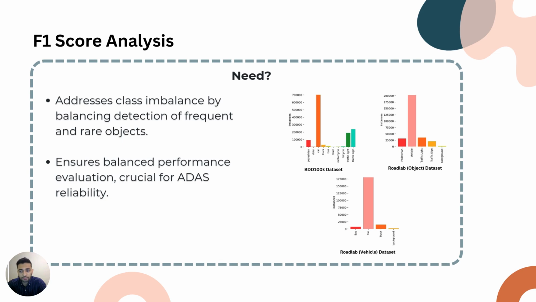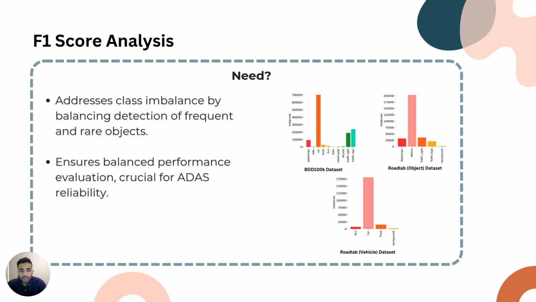So this can lead models to favor frequent objects over rarer ones. The F1 score addresses this by combining precision and recall into a balanced metric, ensuring models perform well across both common and rare object classes. This balance is crucial for reliable ADAS performance in diverse real-world scenarios. So that is why the F1 score is important.